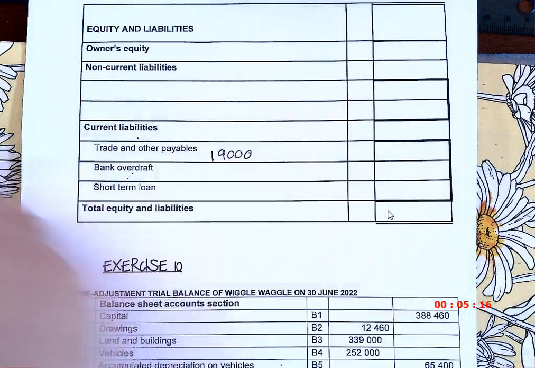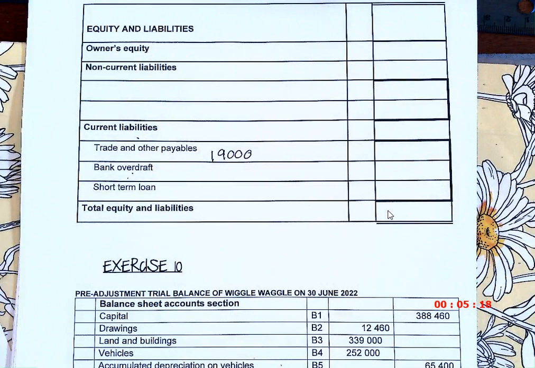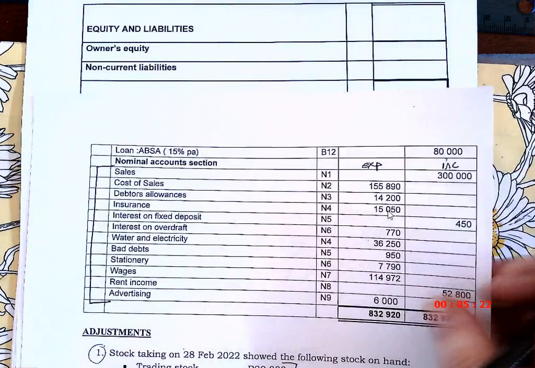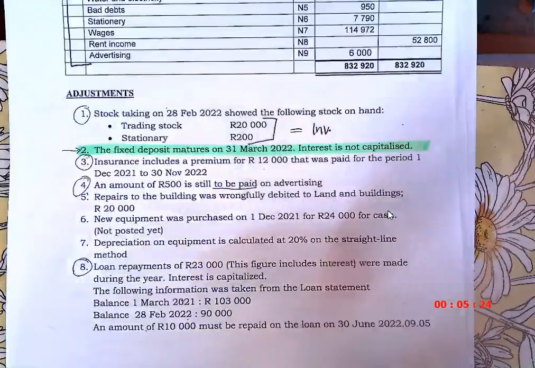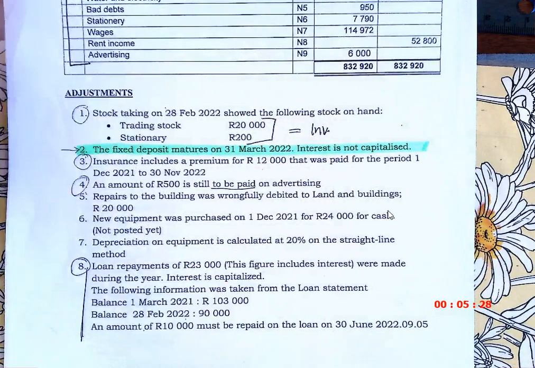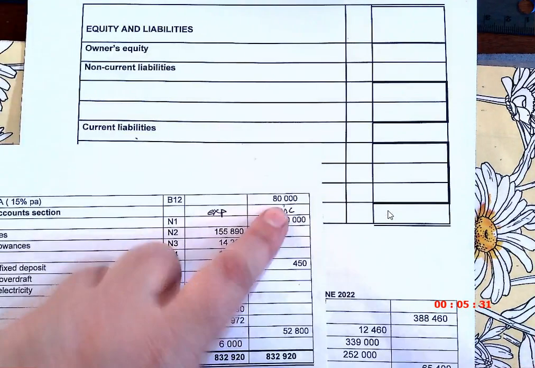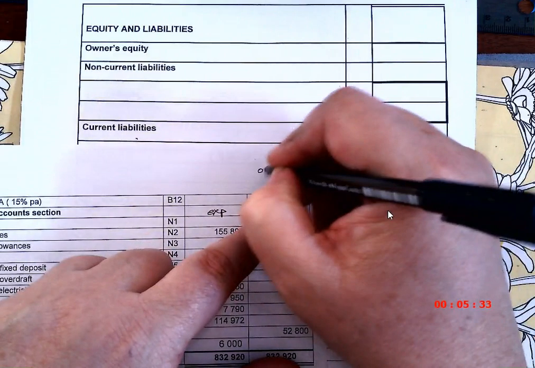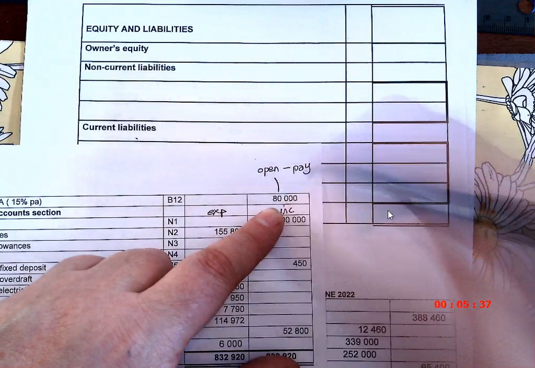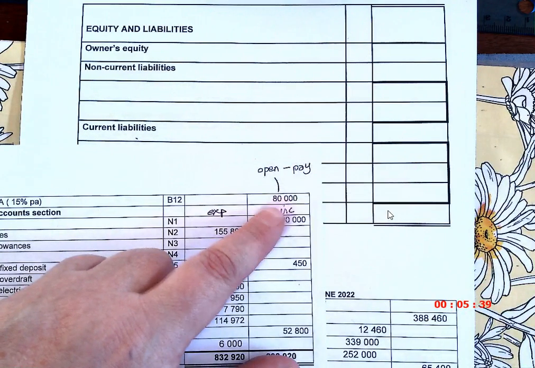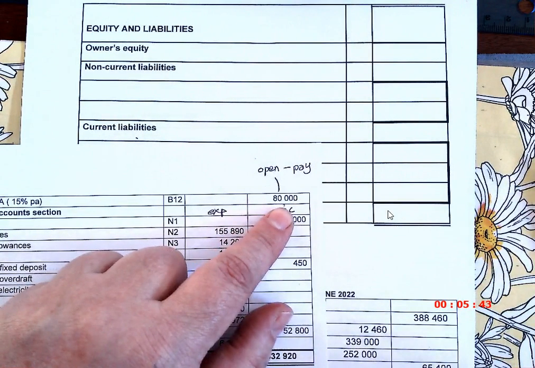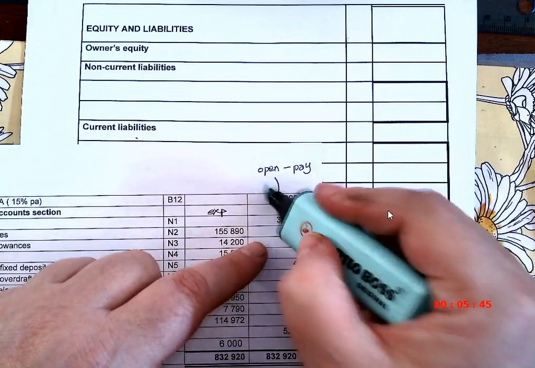I also see they give me a loan. But the loan I'm going to wait, because this is still a pre-adjustment, I can see there are still loan adjustments. So then I must know that that 80,000 is the opening balance less whatever I paid already on the loan. This isn't my closing balance. Let me prove it to you. Can you see it says here 80,000?